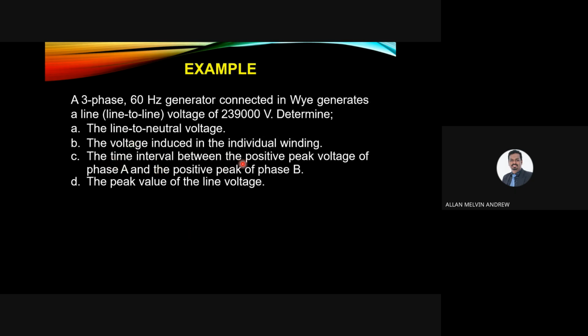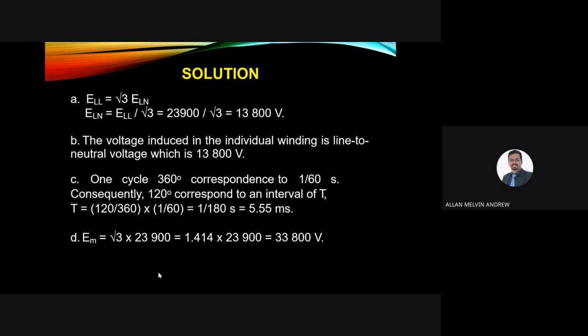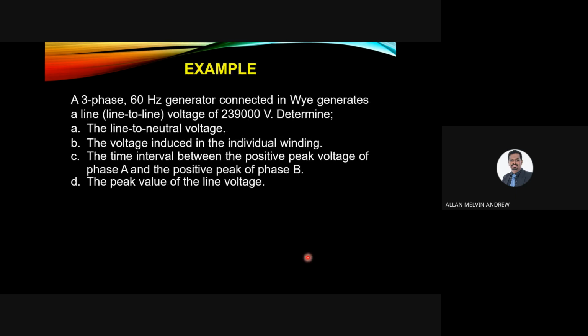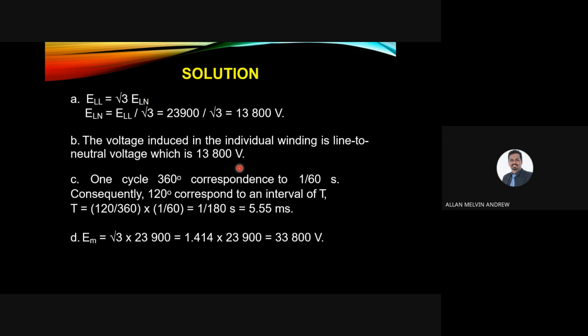Next is the time interval between the positive peak voltage of phase A and the positive peak of phase B. So you need to find the time interval. One cycle, 360 degrees, corresponds to 1 over 60 seconds, because it's given here that it is 60 Hertz. 60 Hertz means in 1 second you have 60 cycles.